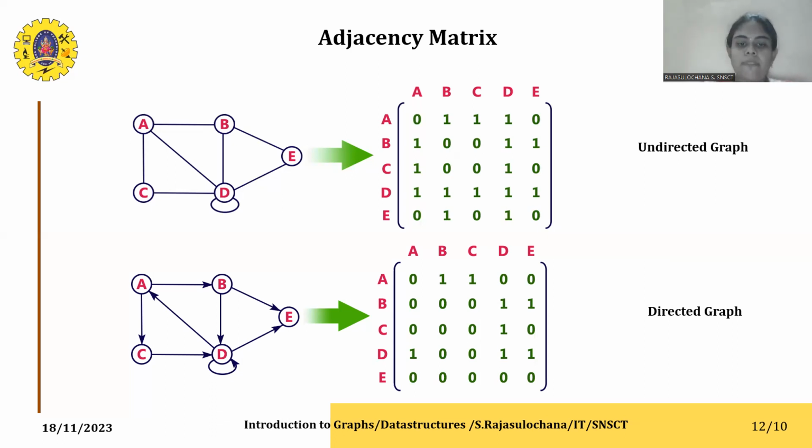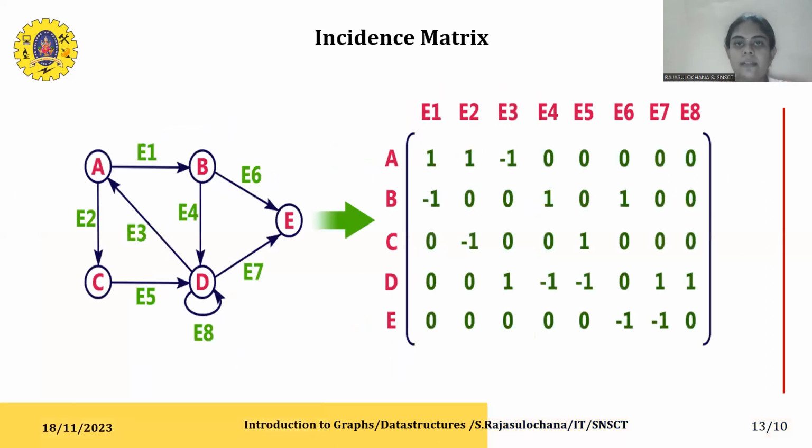So from A to B, I have marked 1, but from B to A, I have marked 0. Hope you are clear. So this is how an adjacency matrix is used to represent a graph. You should be able to write the adjacency matrix from the graph, or if an adjacency matrix is given, you should be able to draw the graph. So it should be vice versa.